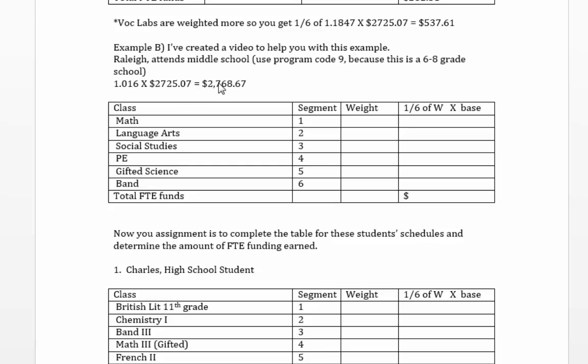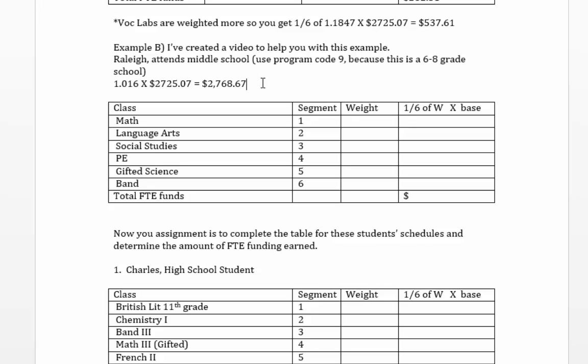So if you notice, I multiplied it out and I got 2,768.67. So that's how much weight a middle school program brings in compared to a regular high school program. Not much difference, about maybe $50 more per student.